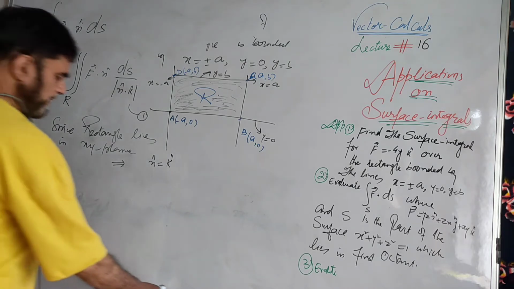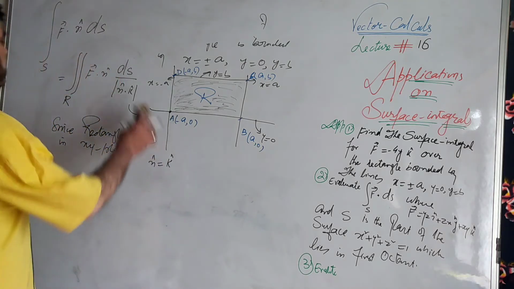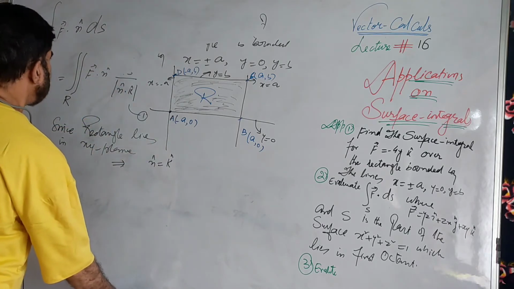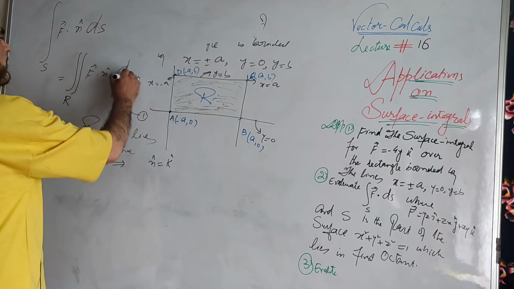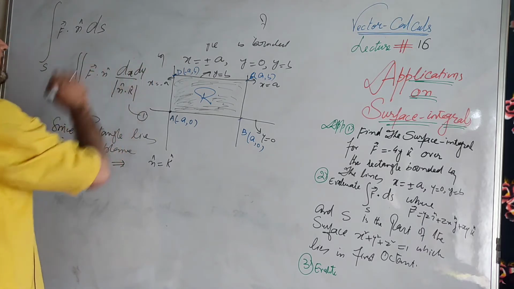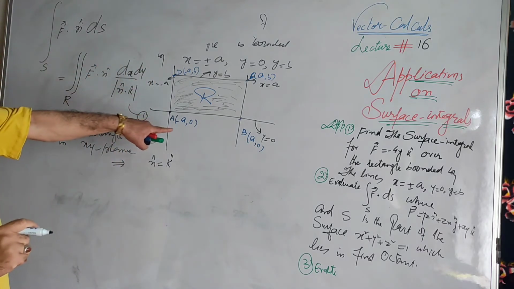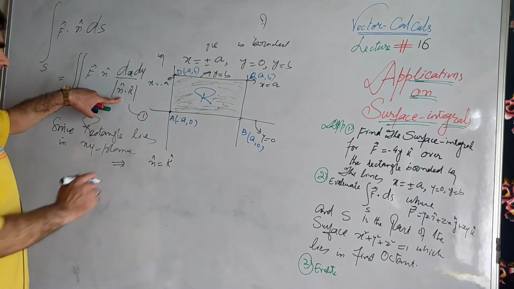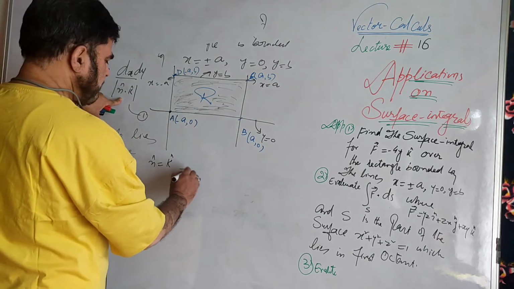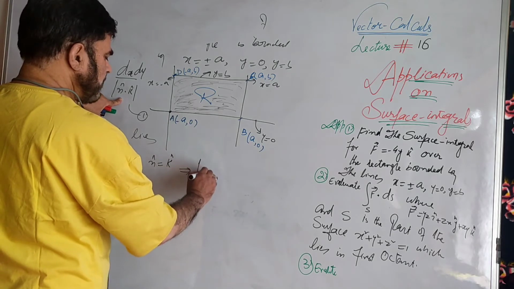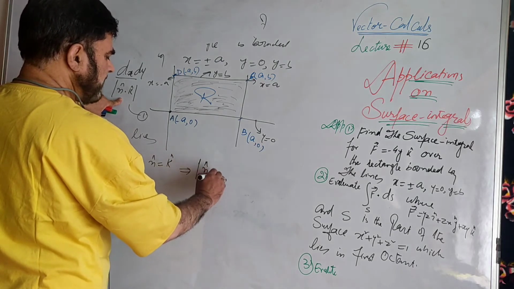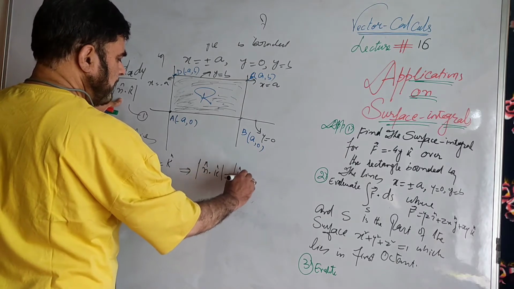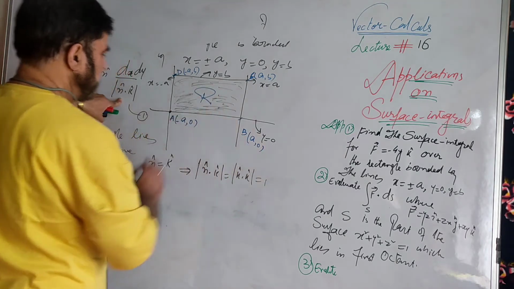Because it is in the xy plane, ds is replaced by dx dy. Sorry, it is dx dy because it lies in the xy plane. Now, the magnitude of n dot k will be k dot k, which is obviously 1.